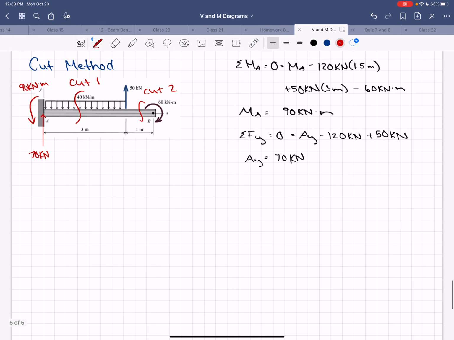So for cut 1, we're going to have x such that 0 is less than or equal to x is less than or equal to 3 meters.